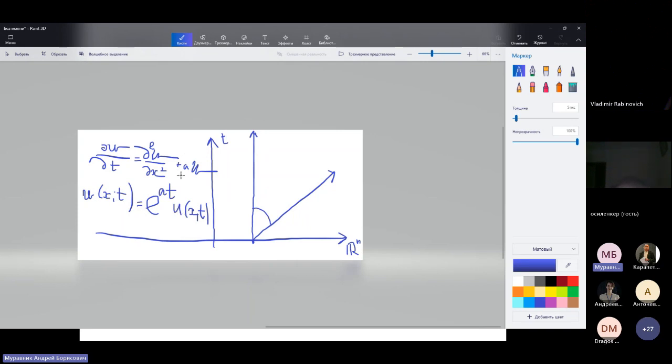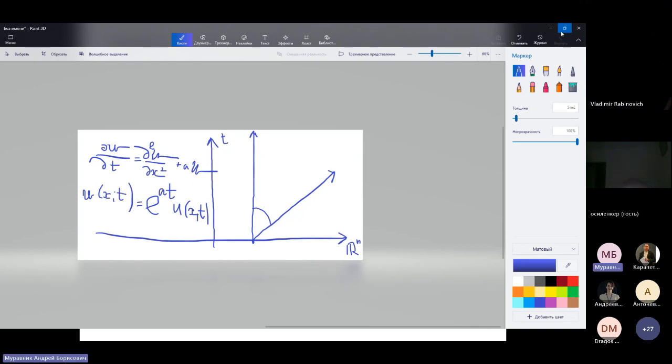Now, we add a potential and our solution gets outside the class of bounded functions. But once we multiply it by the factor e to the power minus at, then our solution gets back to the class of bounded functions.